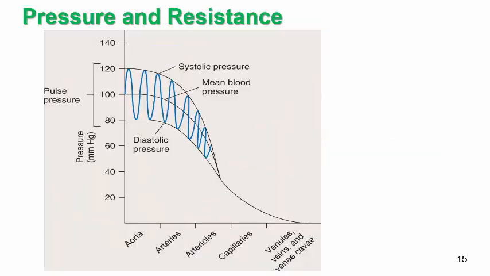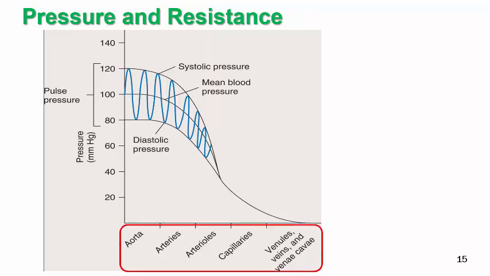The relationship between resistance and pressure is illustrated here on this picture. So at the very bottom, here we see the orderly movement of blood through the cardiovascular system. We start where blood leaves the left ventricle and travels through the aorta, which is just an extension of the left ventricle.